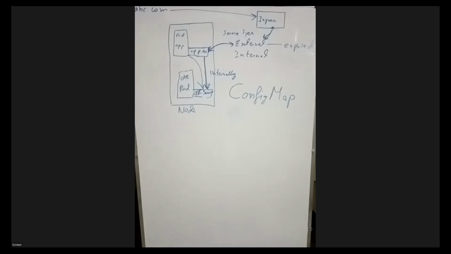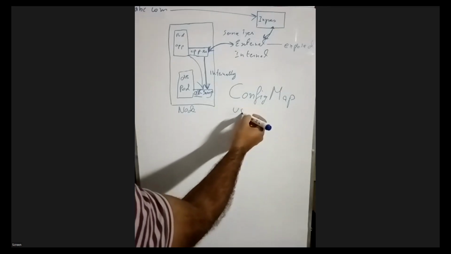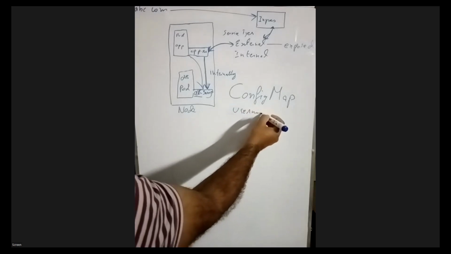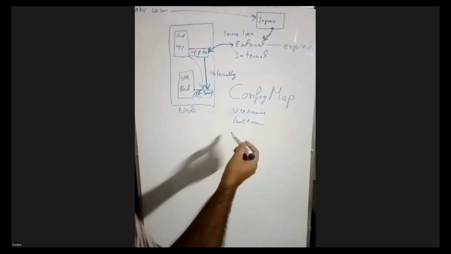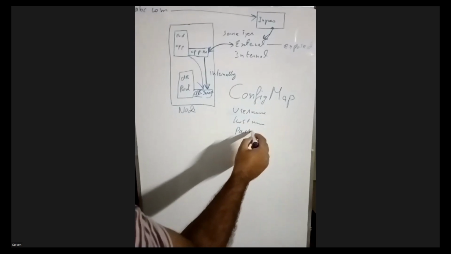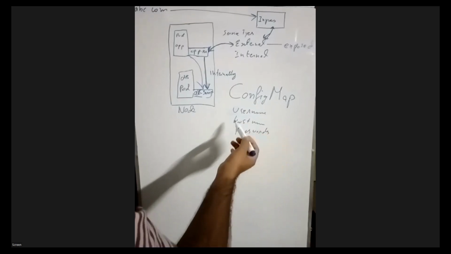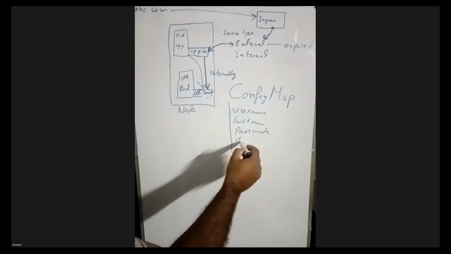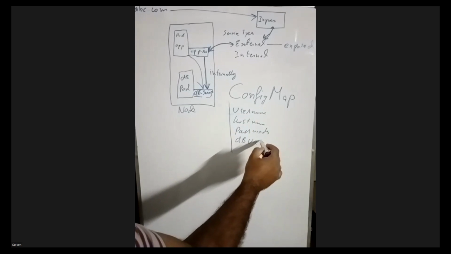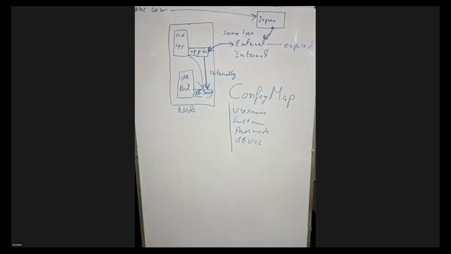Plus, we can define username, host name, passwords in config map, DB URL, let's say. So we can define everything in config map.